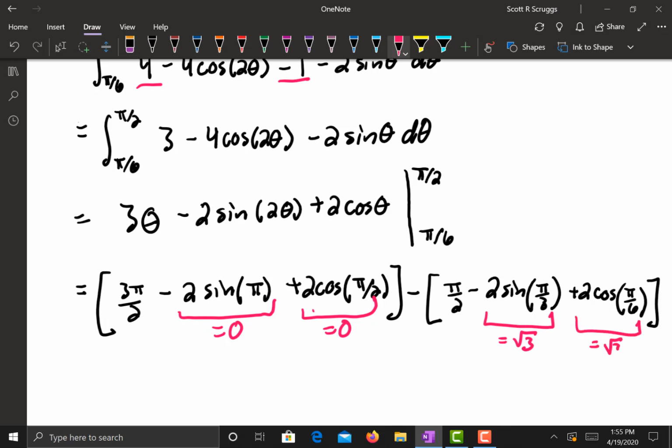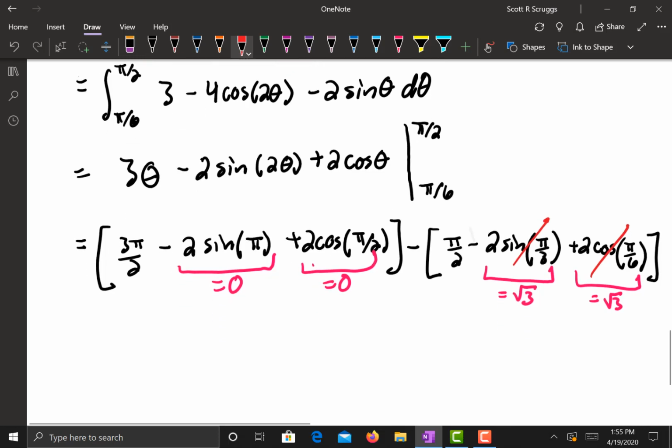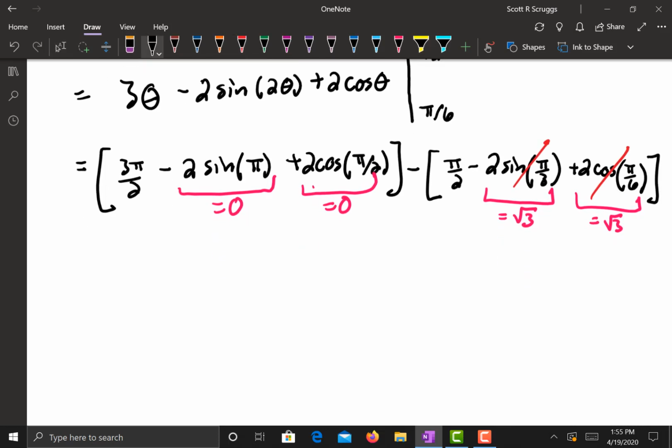And the same thing for 2 times cosine of pi over 6. So I'll have a minus square root of 3 plus a square root of 3. So those two get to cancel each other out. Meaning I'm left with 3 pi over 2 minus pi over 2, which gives me a final answer of pi at the very end.